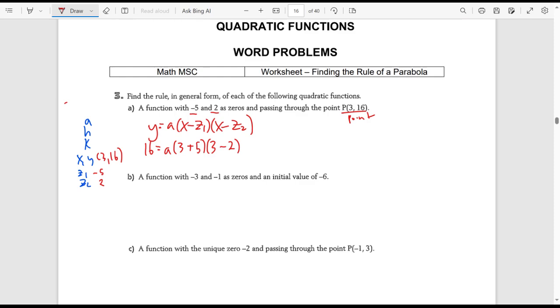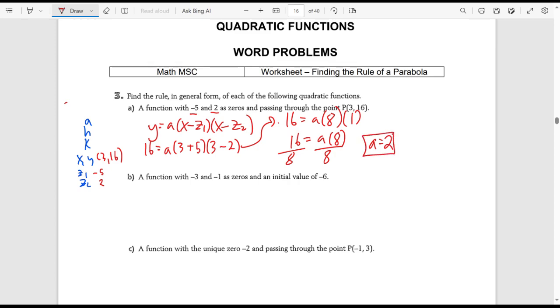Now we literally just math it up. Internally in the brackets, 16 is equal to a times 8 times 1. 16 is equal to a times 8, divided by 8, a will be equal to 2.